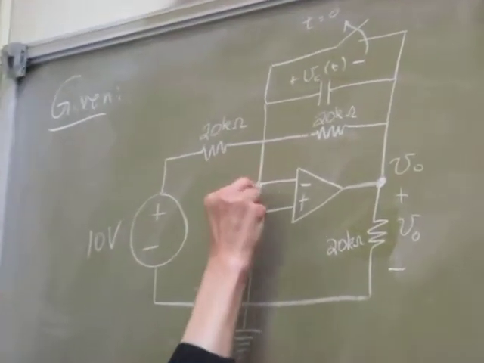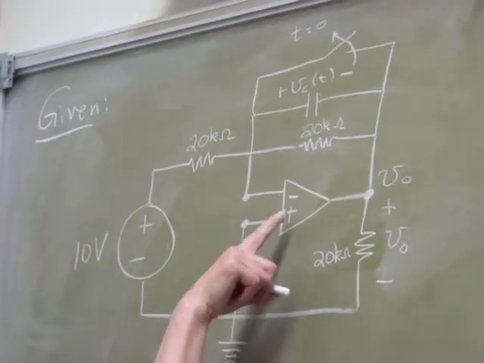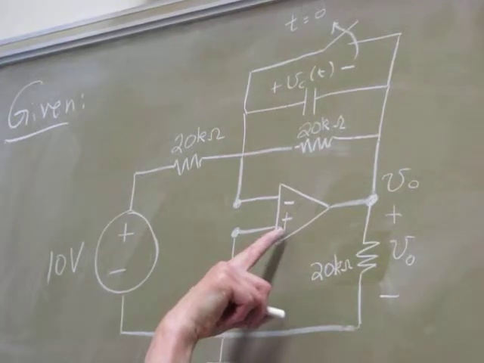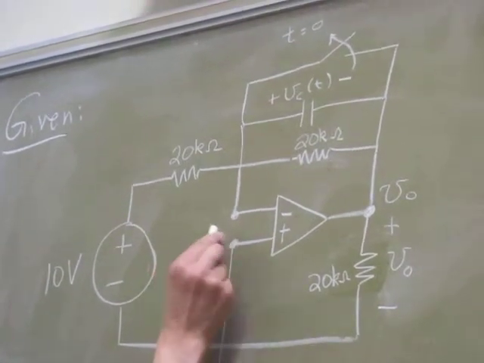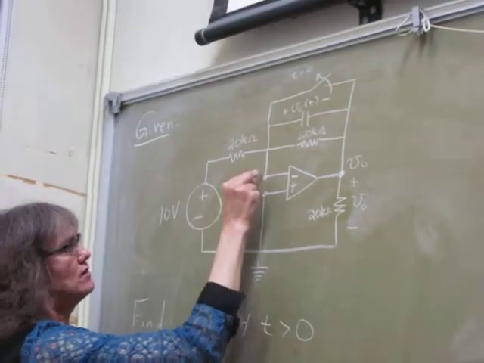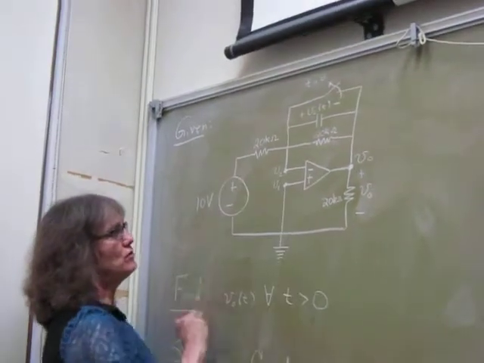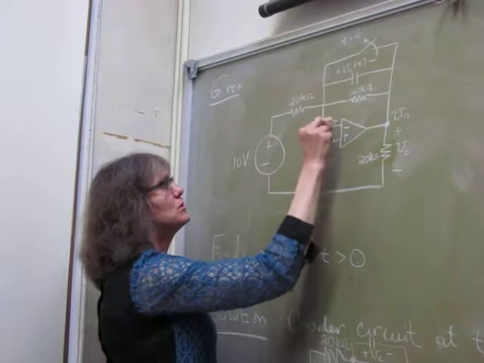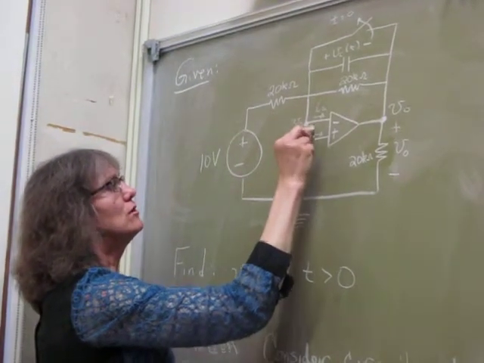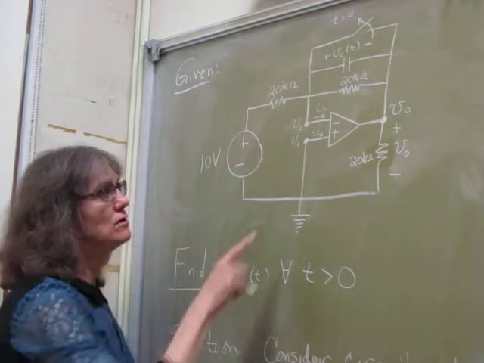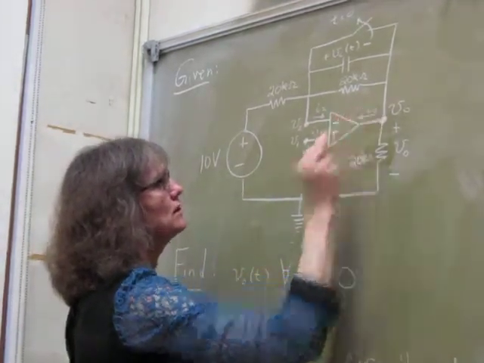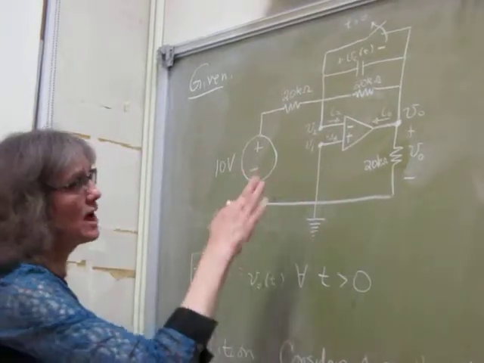And then we've got a voltage at the inverting node and the non-inverting node. If I call the one at the non-inverting node V1 and at the inverting node V2, there's also going to be some currents here, which I'll label I2 going into the inverting node and I1 going into the non-inverting node, and then there's also a current here that I'll label I0, which is at the output.